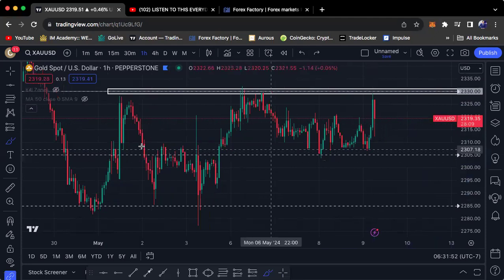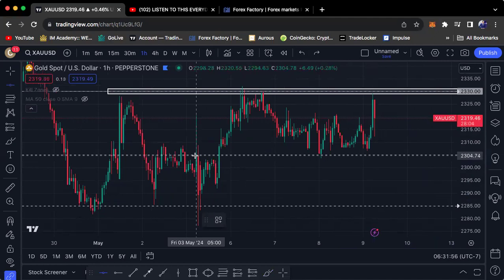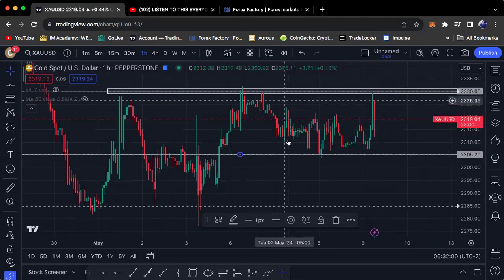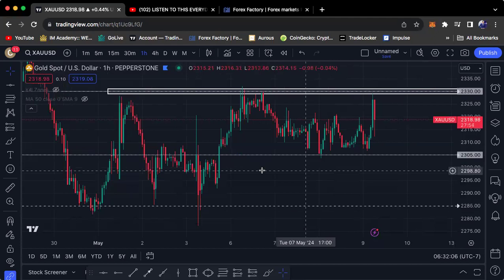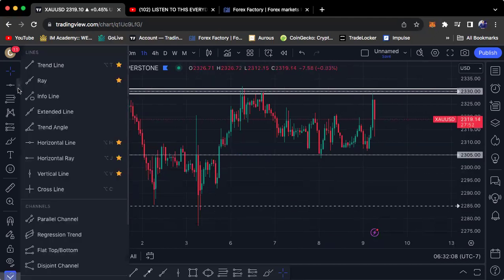All right. So I'm gonna draw my support here. I'm gonna get my horizontal line, 2305. Okay, that's my nearest whole number. 2305. Boom. Grab my rectangle.